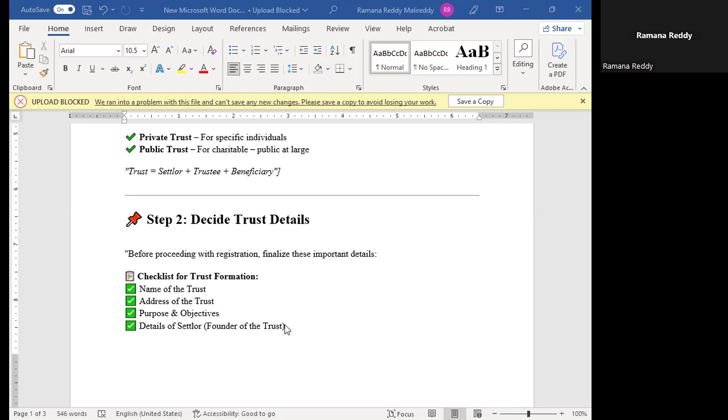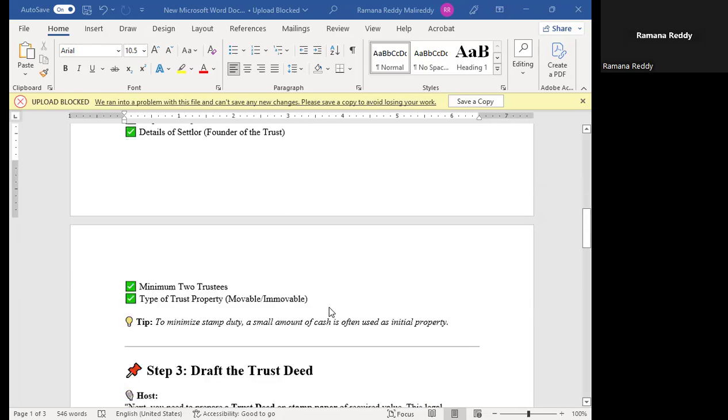Purpose and objectives. Purpose for forming a trust. What are the objectives? Then detail of settlor. Settlor is also called a founder, author. Then minimum 2 trustees, full details. Then type of trust property, whether movable property you are donating or immovable property.